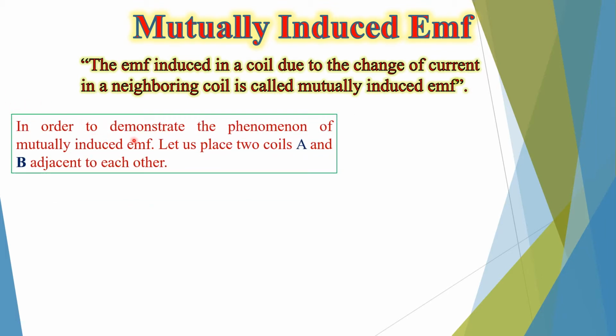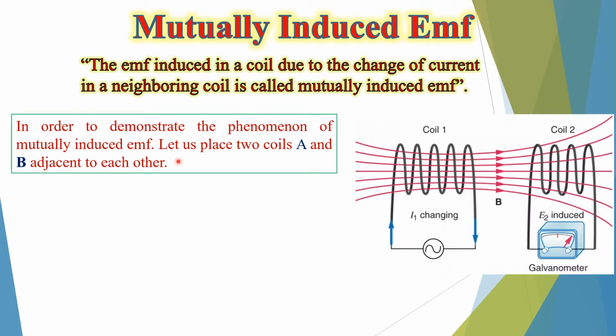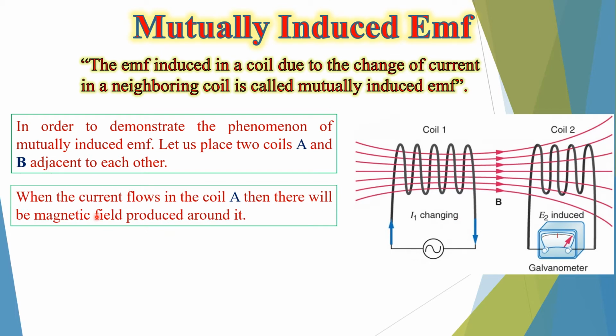In order to demonstrate the phenomenon of mutually induced EMF, let us place two coils A and B adjacent to each other. When the current flows in coil A, there will be a magnetic field produced around it.